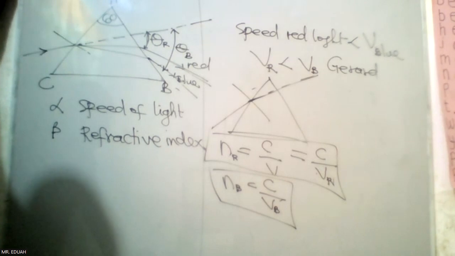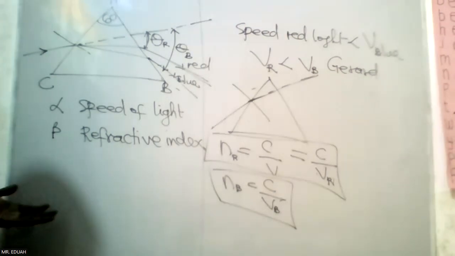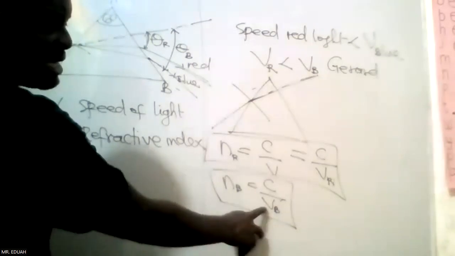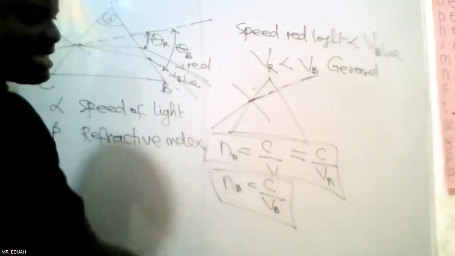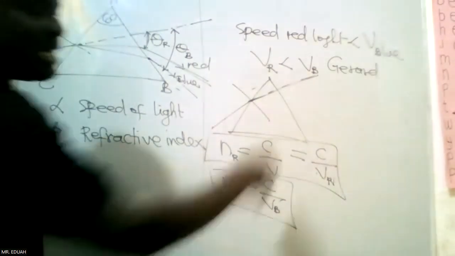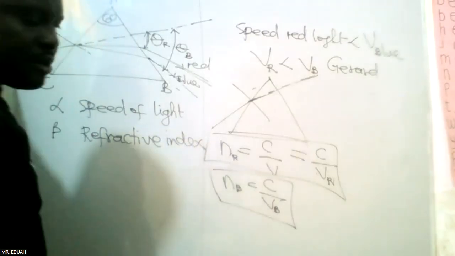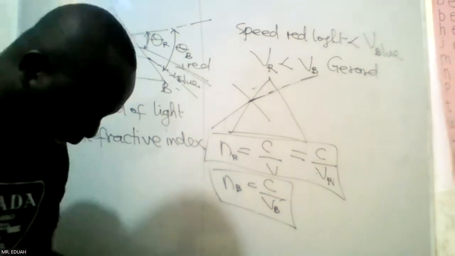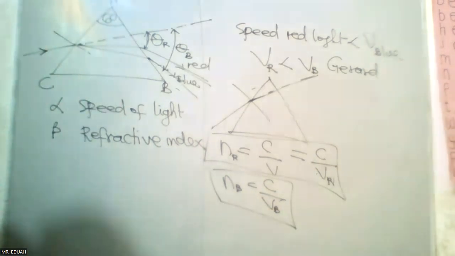Blue. Yes, it's the blue light because this denominator is less than this denominator, so this is greater than this. And that is how, if you want to use speed of light, you judge it.